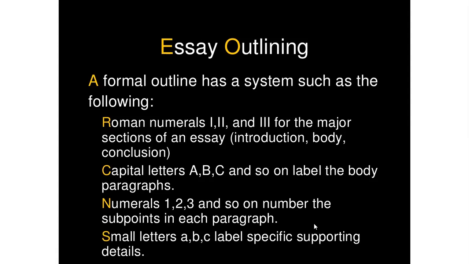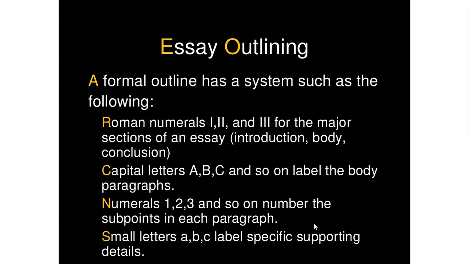Numerals such as 1, 2, 3, so the usual numbers which we use, are used for subpoints in each paragraph. So when you're making an outline of your essay, you use them like 1, 2, and 3. Small letters like a, b, c label specific supporting details. So when you're making your outline, you use these things.